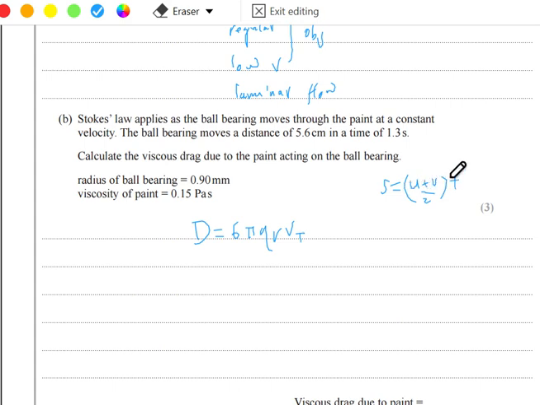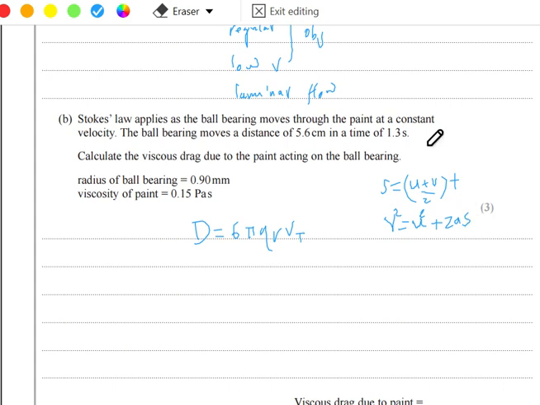This cannot be used because we don't know the initial or final velocity, or how we get from this initial to this final. We also cannot use this one because again we don't have acceleration.